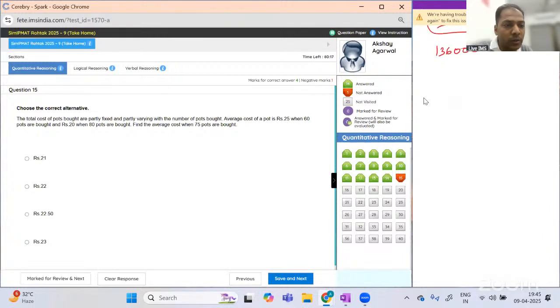55. The total cost of pots bought is partly fixed and partly varying with the number of pots bought. Average cost of a pot is 25 when 60 pots are bought, and 20 when 80 pots are bought.